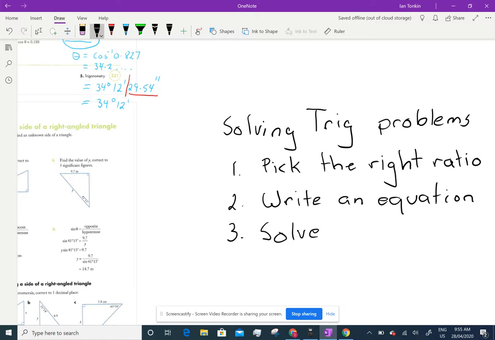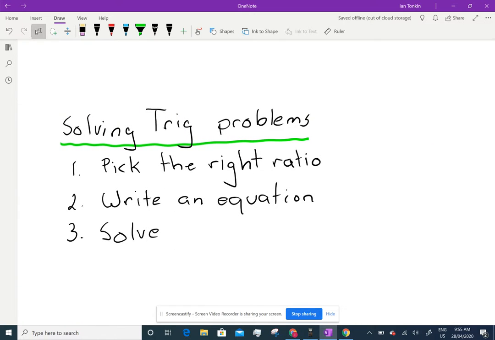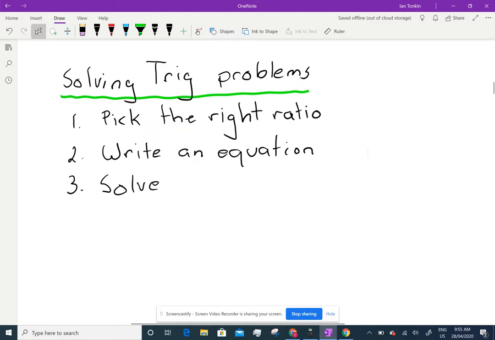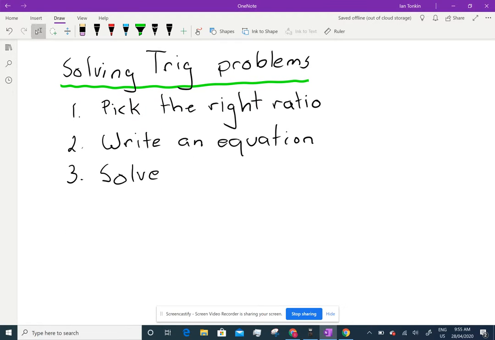Now, essentially, they can only ask you 3 problems. They can ask you to find a side or find an angle. But you say to yourself, that's only 2. When they ask you to find a side, they can ask you to find a side with the pronumeral underneath, where the unknown is underneath, or the pronumeral is on top. And we're going to do 3 examples of these. So, what can they ask you? Well, we'll do a side first.